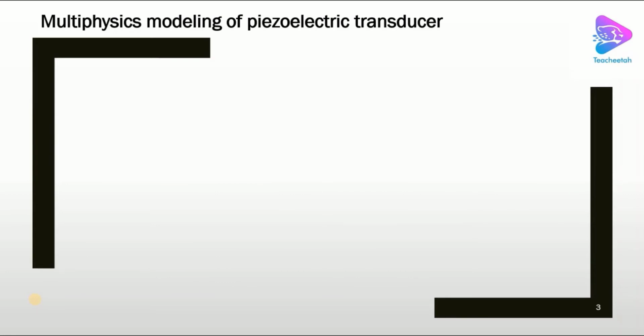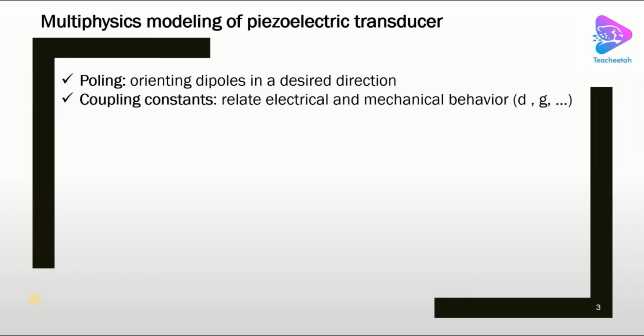Before we start our problem, we also need to know some more definitions. The first one is poling. Poling is basically orienting the dipoles of the piezoelectric material in a desired direction. It is done by applying a very strong electric field under certain temperature conditions. The other thing is the coupling constant of piezoelectric material, which relates the electric and mechanical behavior.